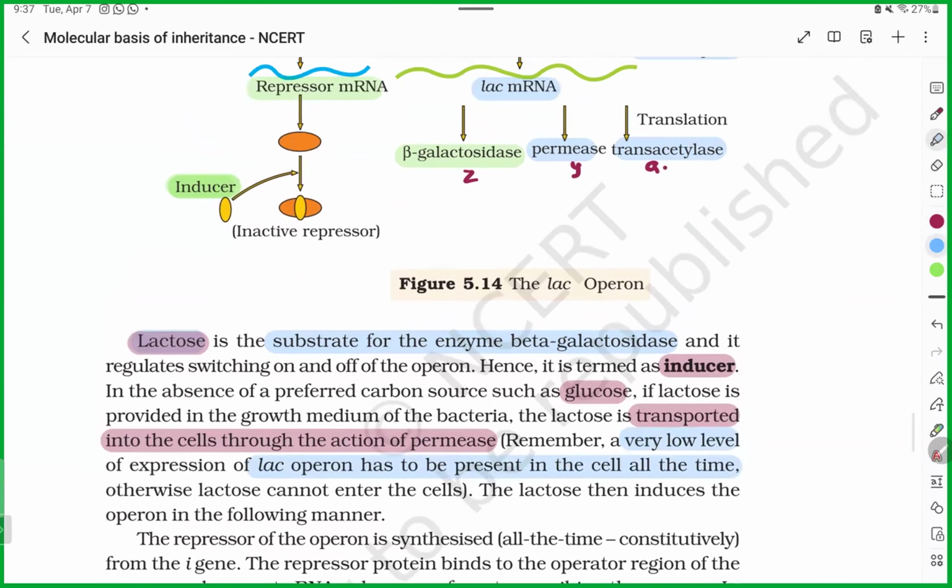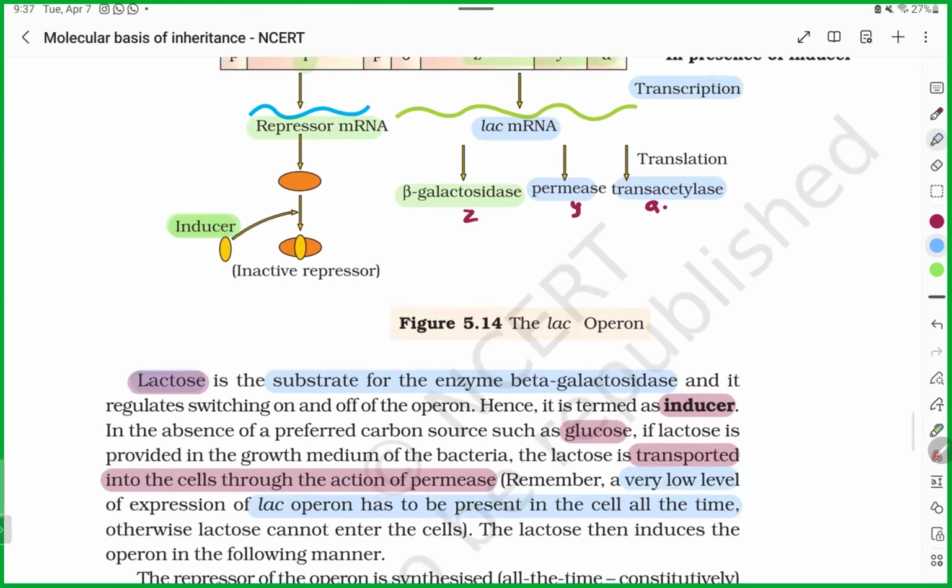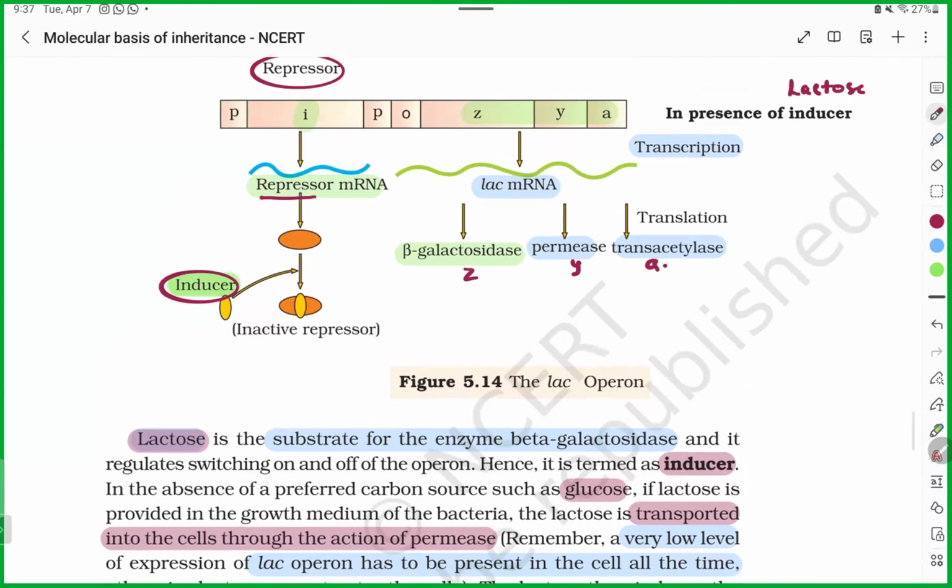Think: lactose must enter first, only then will it bind with the repressor and stop its activity. If there is some amount of permease, what will happen? A small amount of lactose will enter the cell and stop the repressor. If the I gene repressor is stopped, then the remaining process will start.